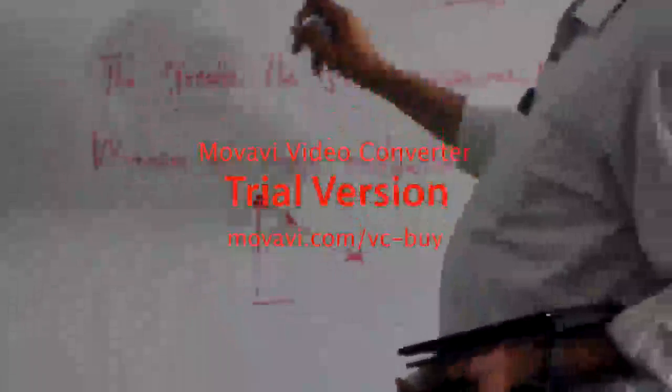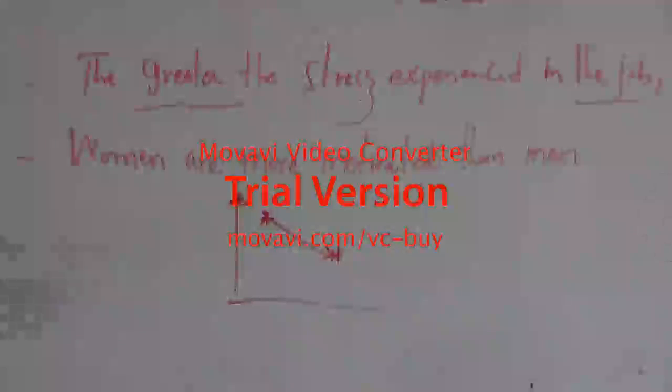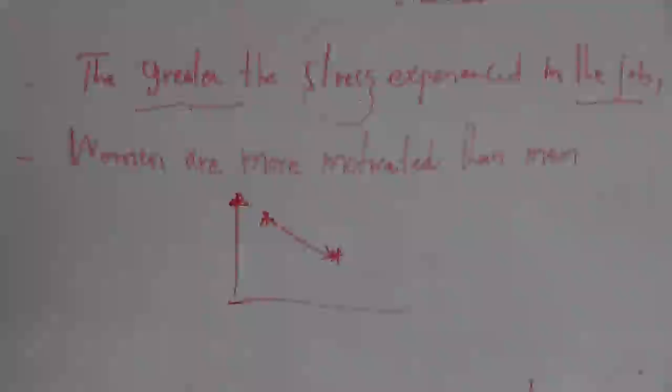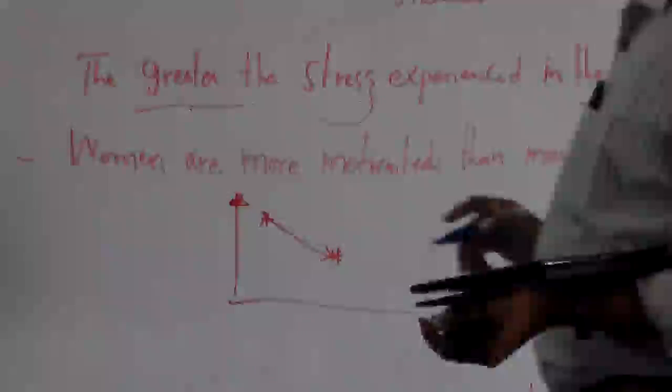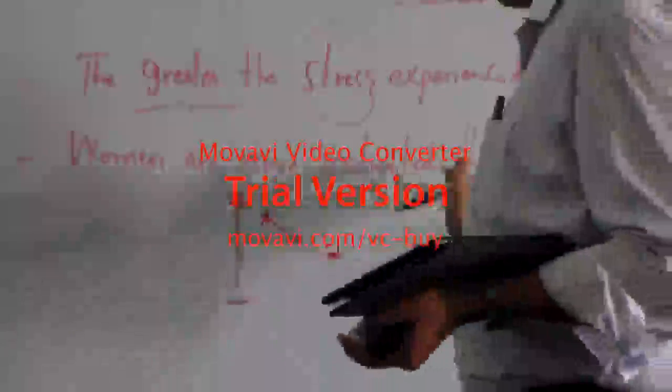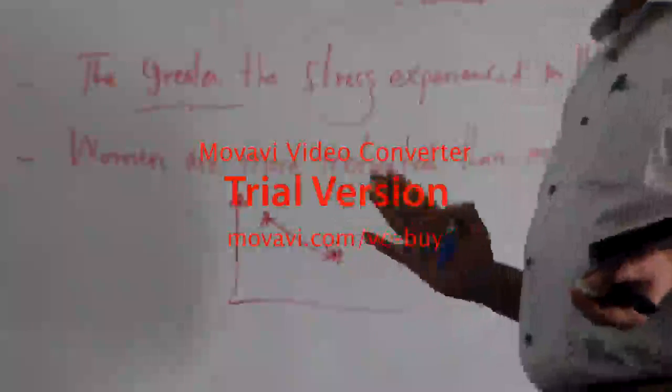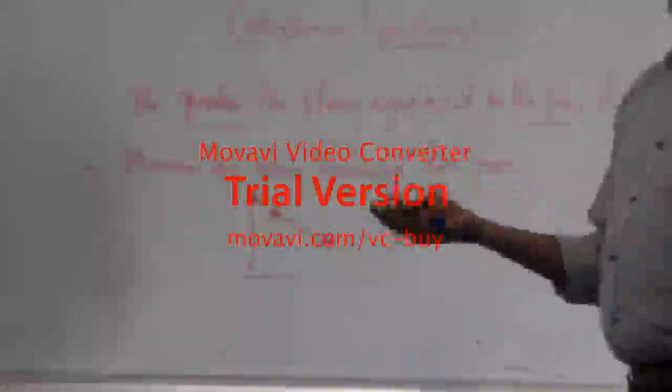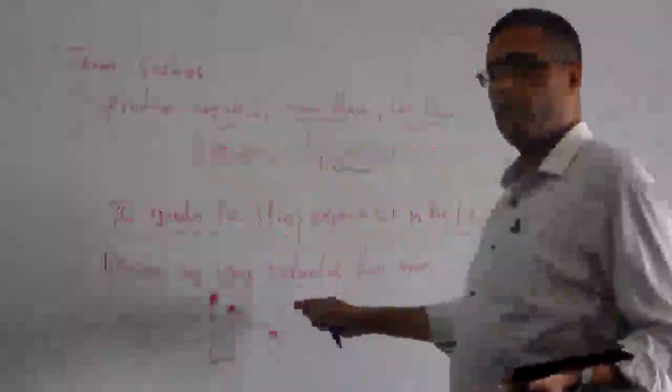In this case, we can say that the hypothesis is directional. Okay? If the hypothesis does not show the difference between women and men, I mean, it doesn't show that women are more motivated or less motivated, then the hypothesis will be non-directional.